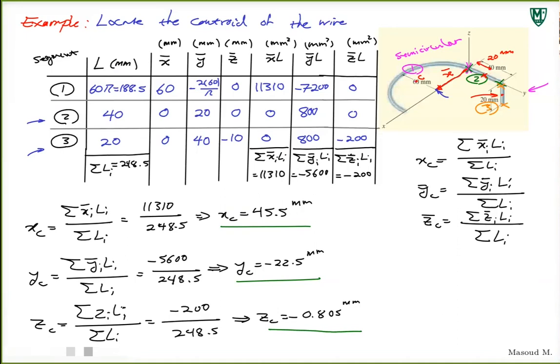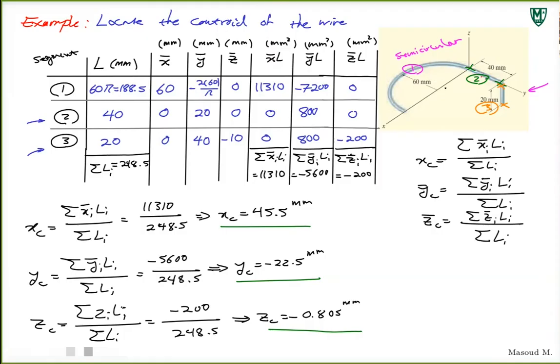So, end of the day, this is telling me that the centroid for this composite wire is located at x of 45.5, y of minus 22.5, and z of minus 0.805.